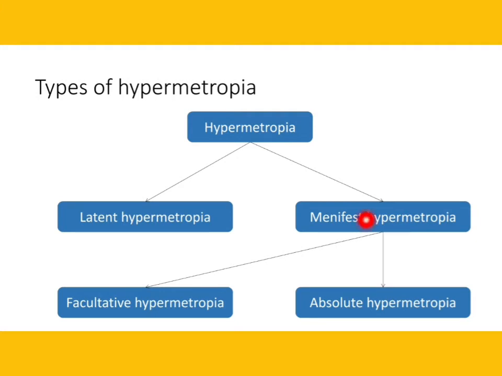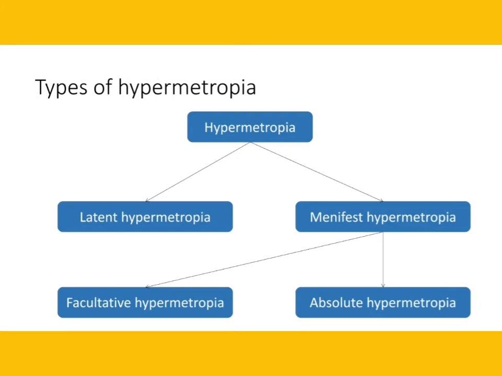Now let's move to the manifest hypermetropia. It is the hypermetropia left after application of the cycloplegic drugs. Now manifest is again two types, facultative and absolute. Okay, so what is facultative? Even after using the cycloplegic drugs to paralyze the ciliary muscle, some amount of hypermetropia can still be corrected with the effort of accommodation.